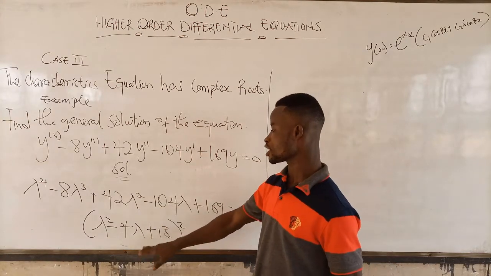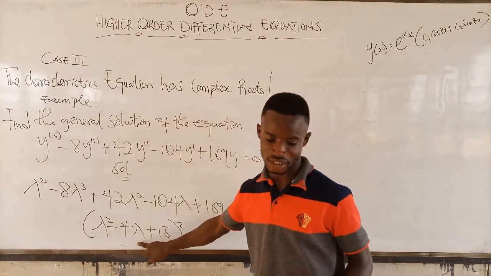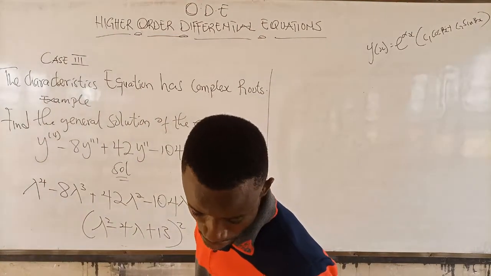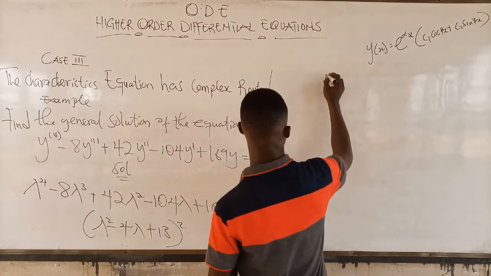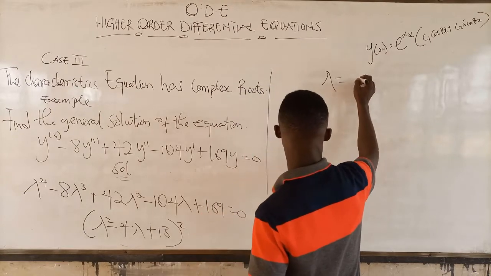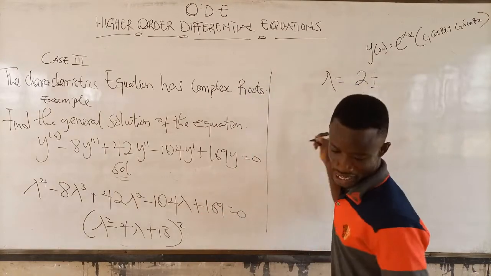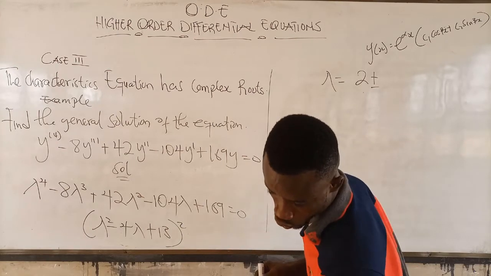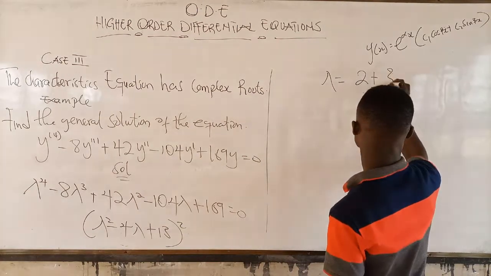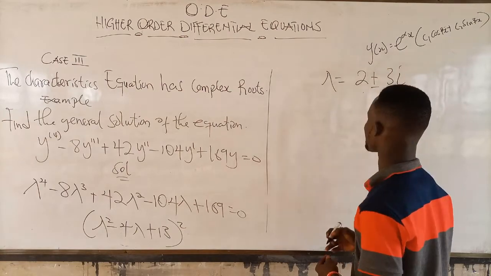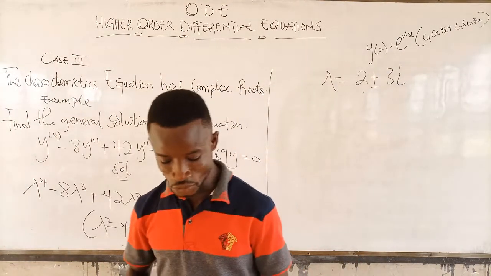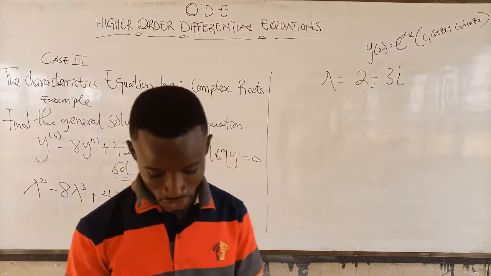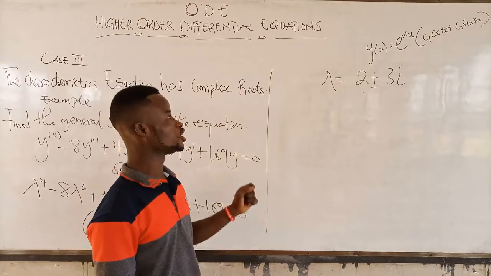Now when you simplify to this form and you punch this on the calculator, you are going to get lambda equal to 2 plus or minus 3i. The i there is telling you that it's a complex root.